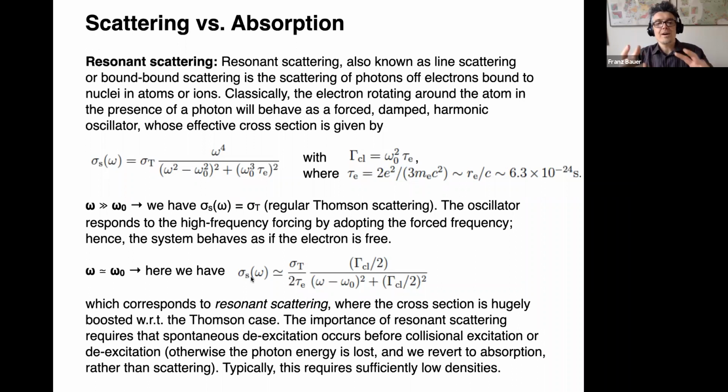And so depending on the density of the electrons, in particular, because the electrons are what actually does most of the interaction of exchanging energy. So depending on the electron density, if it's very, very high, you'll get a collisional de-excitation. And so typically this resonant scattering requires relatively low densities in order to not collisionally de-excite the absorption.